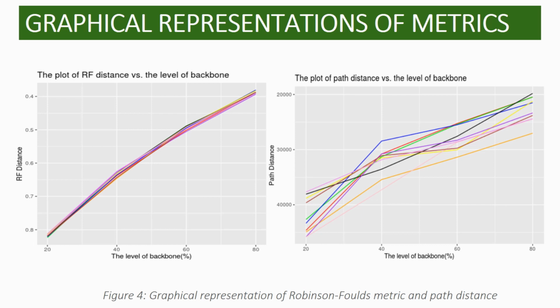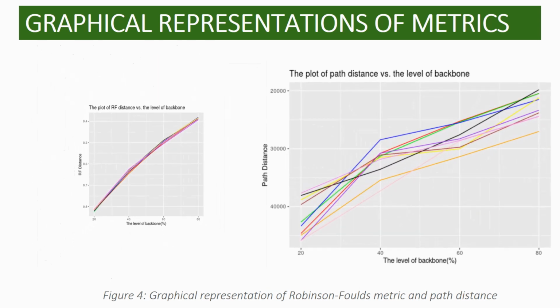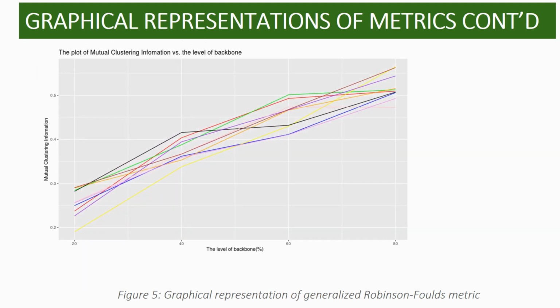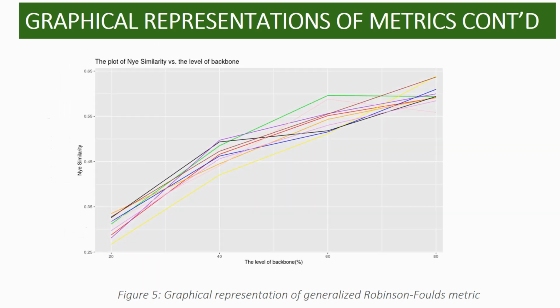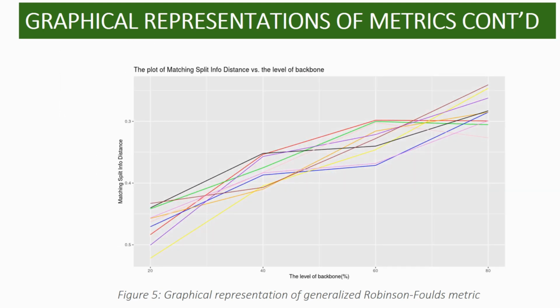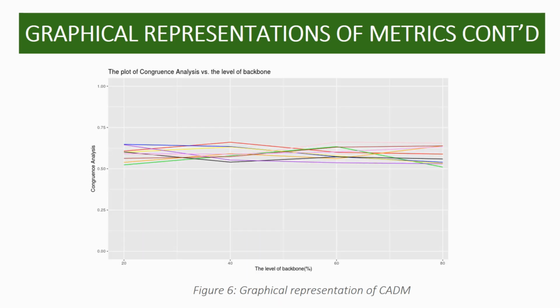So, the plots are Robinson-Foulds metric, path distance, shared phylogenetic information, mutual clustering information, Nye similarity, matching split information, Jaccard-Robinson-Foulds, and congruence among distance matrices.